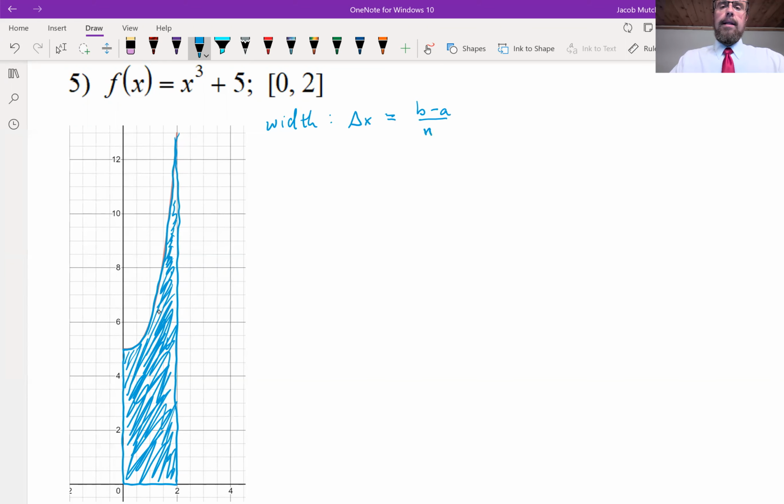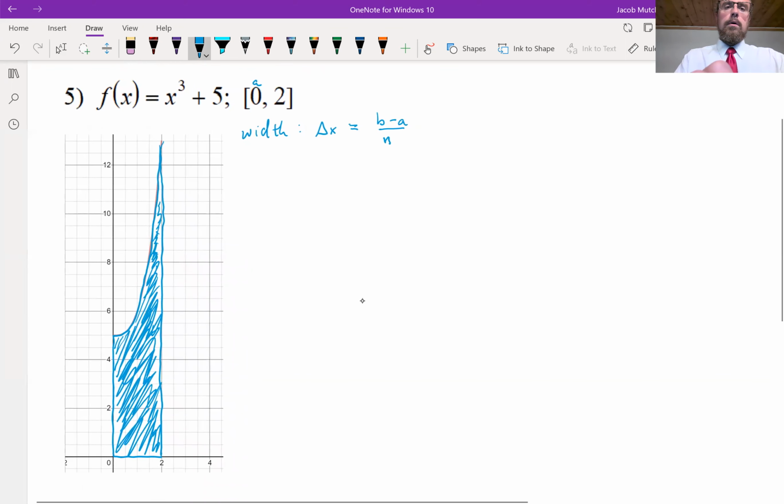The b and the a are the two extremes on this interval. So I'll label them: our a is going to be 0, our b is going to be 2. So we can calculate this: it's 2 minus 0 over n, which is just 2 over n.